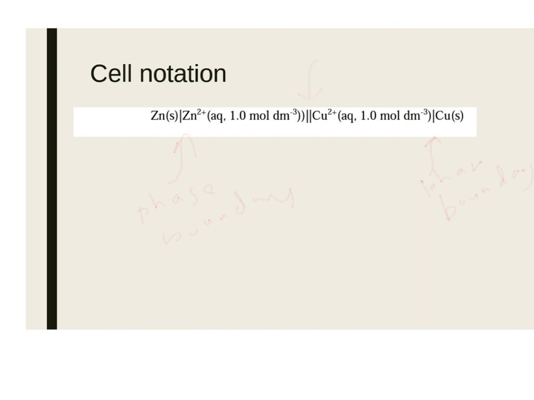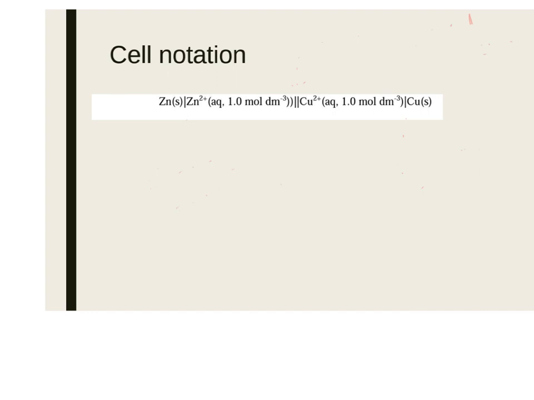This shows the salt bridge. And if we do not have a salt bridge, instead of this double vertical line, we should use a single dotted line, right?